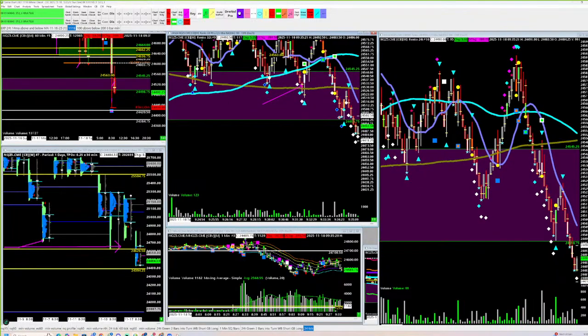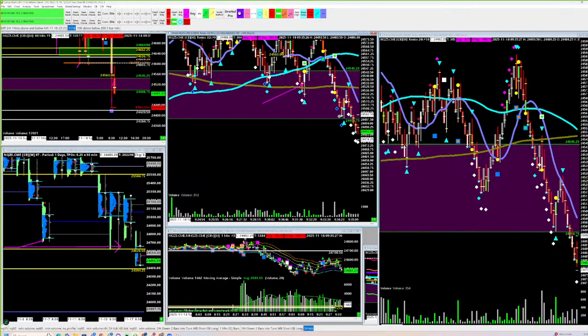Below the 100, below the 200, and free fall, and retesting that 400 down.